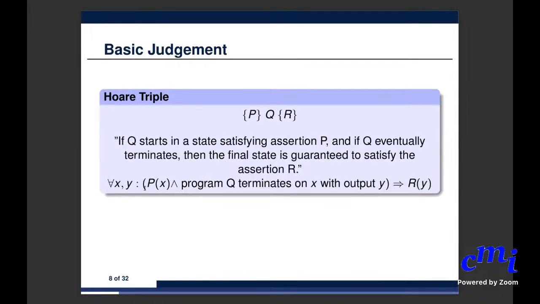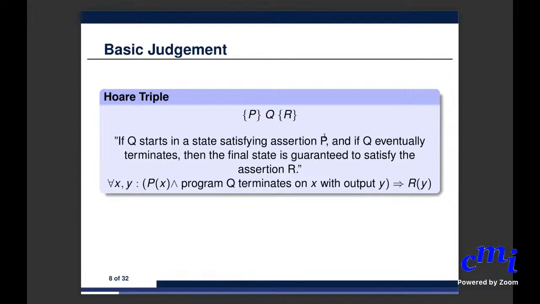That is, more formally, for every x and y, such that here x can be a vector, because it's not a single variable, the predicate P can be defined over any or all of the variables used in the program. So for every x such that P(x) is true, when the program Q is executed and terminates on x producing output y, then R must be true on y.